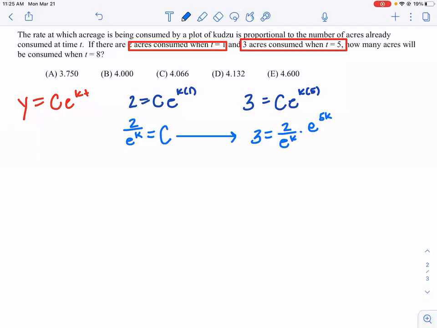Is it 2e to the 4k? Yes. When we divide and our bases are the same, we subtract our exponents.